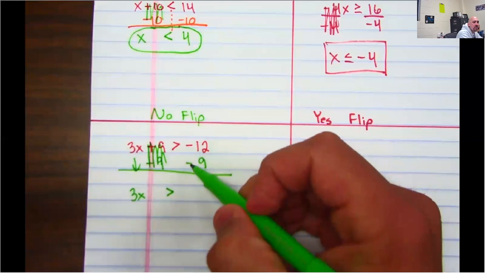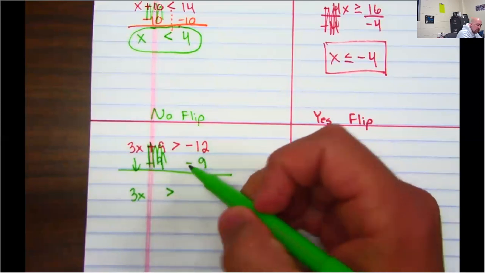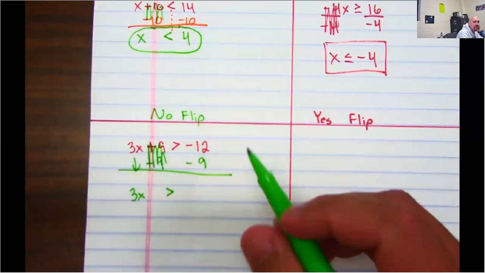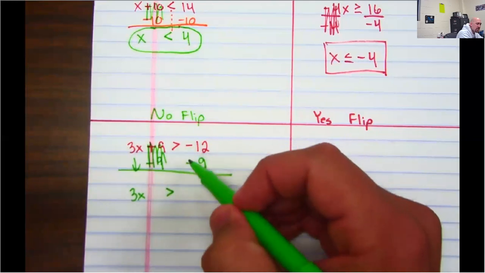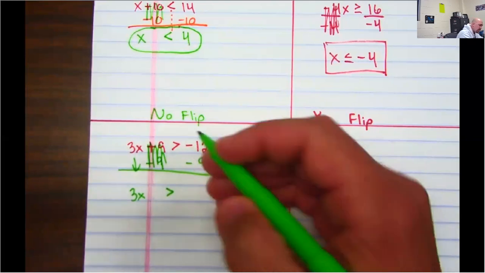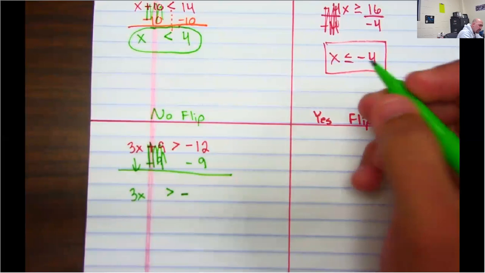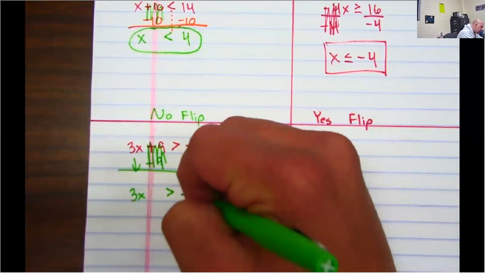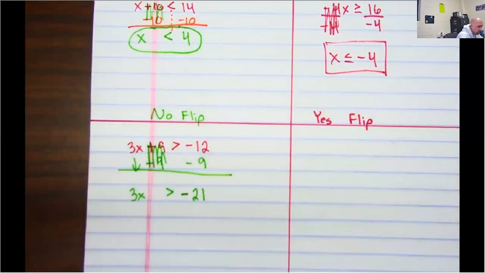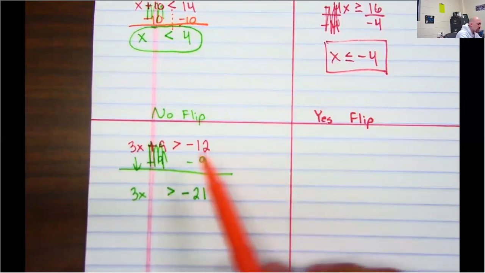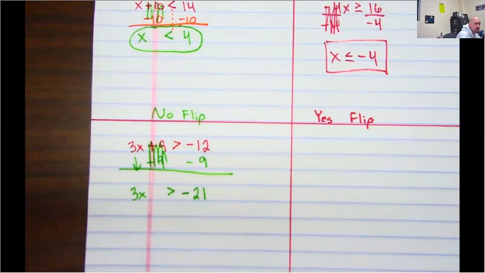Now notice here the signs are the same. When adding or subtracting integers, if the signs are the same, keep the sign, add the numbers. Okay, so the first step is always add or subtract.